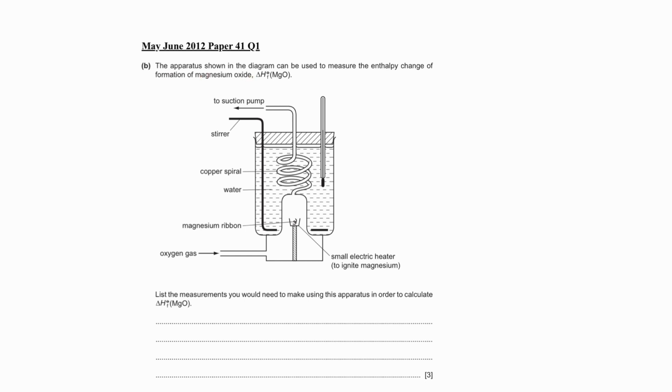So how we could make use of these measurements in getting the enthalpy change of formation for magnesium oxide is that, first of all, we calculate the heat absorbed or released from the reaction by using mc delta T. Where m here is the mass of water used.